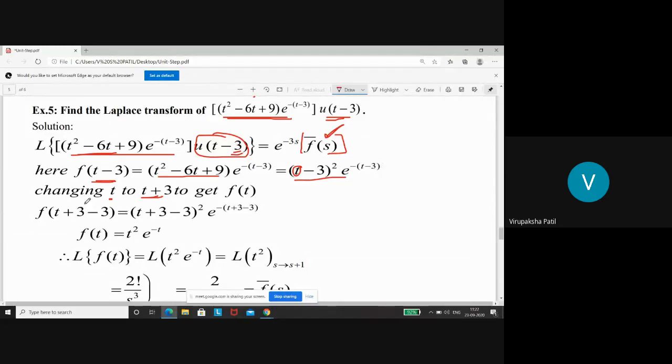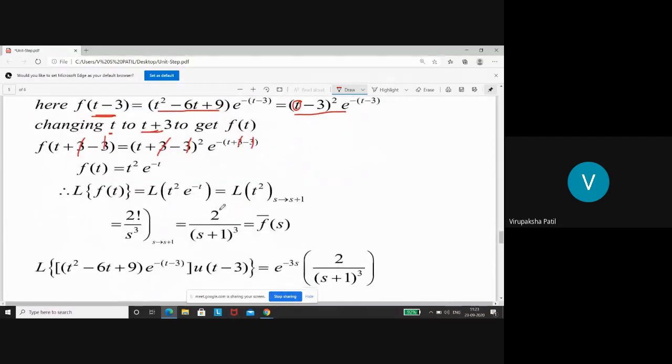So what happens? This 3 cancels, this 3 cancels, this 3 cancels. You will get finally f of t is equal to t square e to the power minus t. Is that clear?